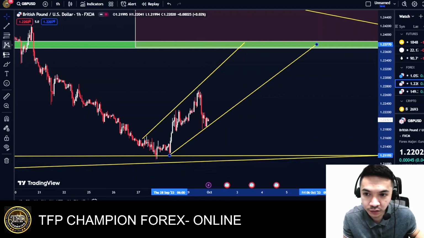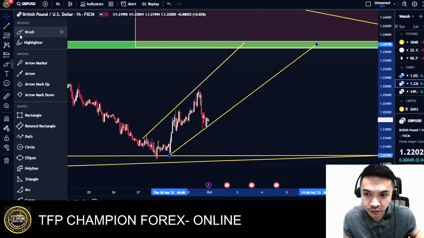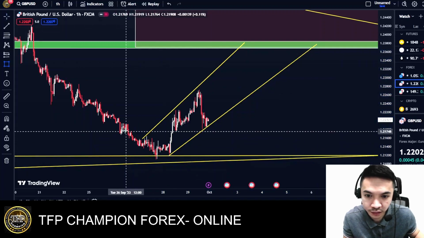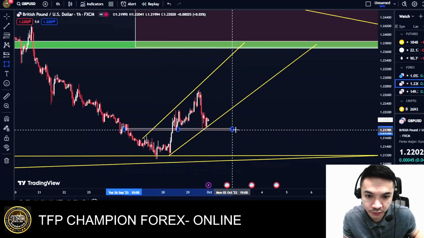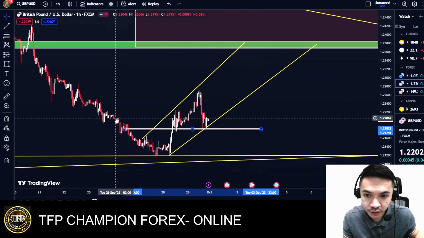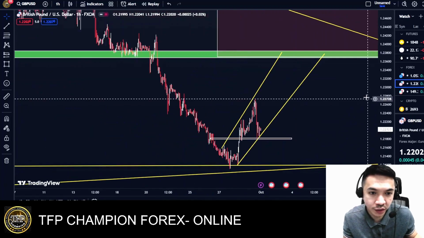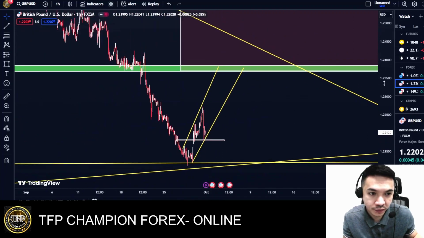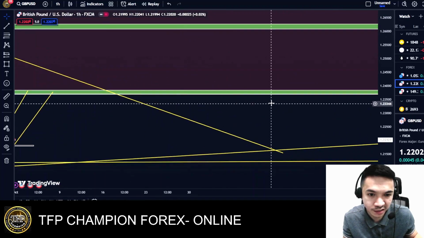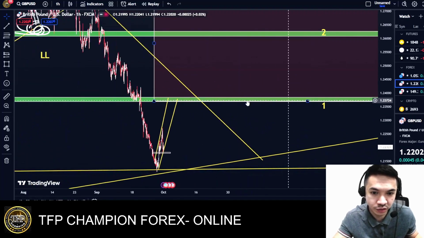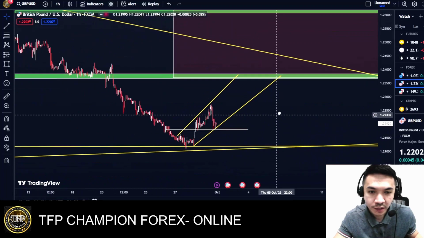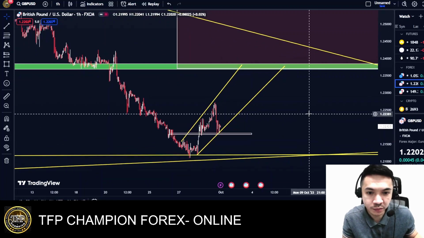Kasi meron din tayong, you can use this as a support level. Tandaan mo, we have our level 1 area of opportunity for selling. Nasaan yun? Ayun, itong kulay green. The first past support na possible maging resistance.